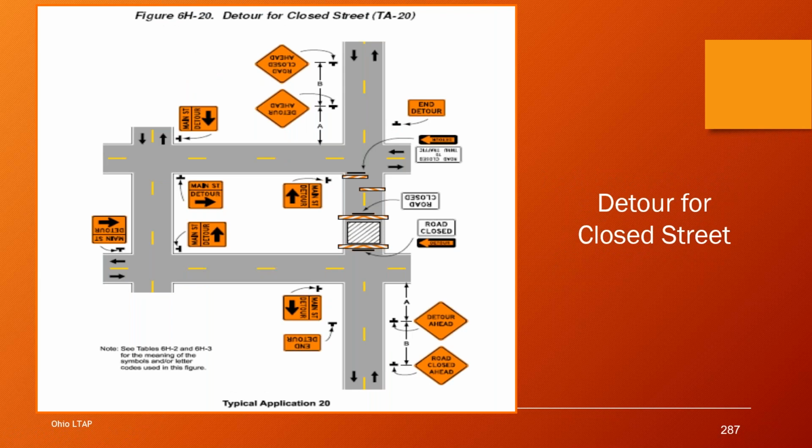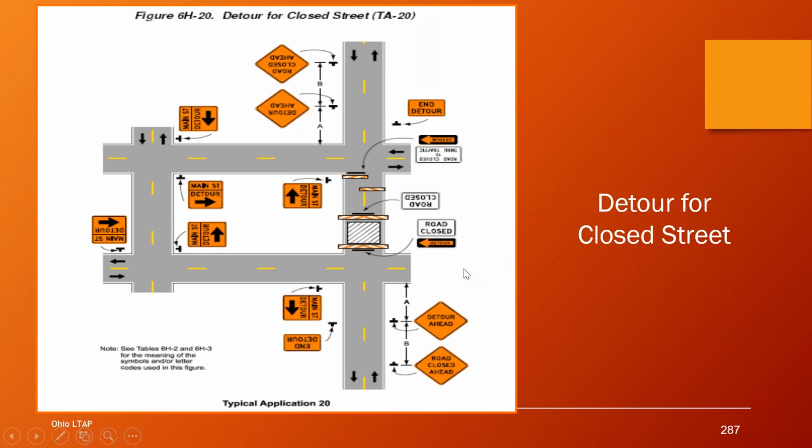Another thing that is routinely handled near the downtown of a city is a road closure with a detour associated with it. Sometimes we have to close the entire street down, but then of course with all the volume of traffic, we need to reroute them.